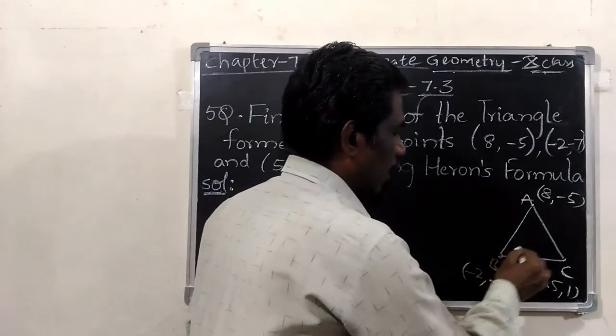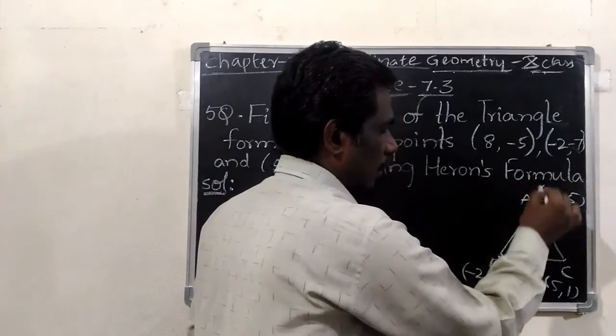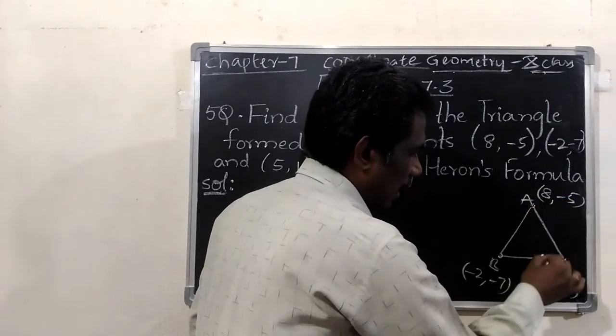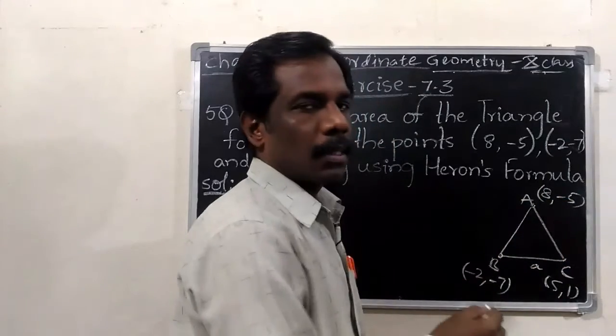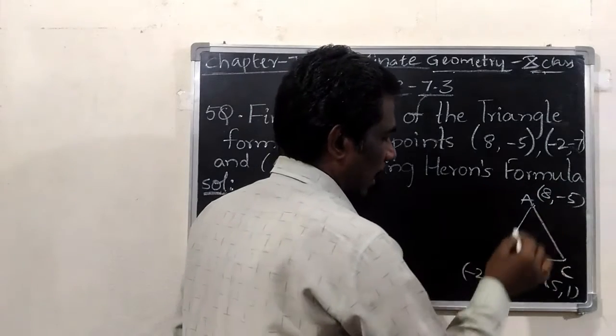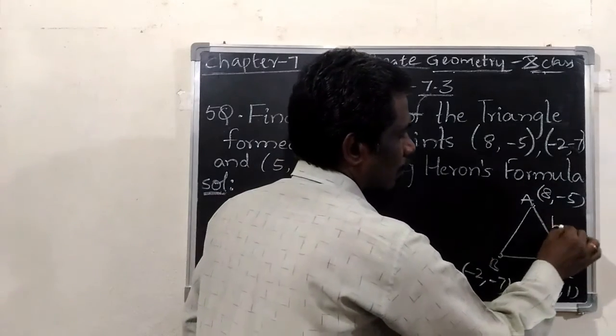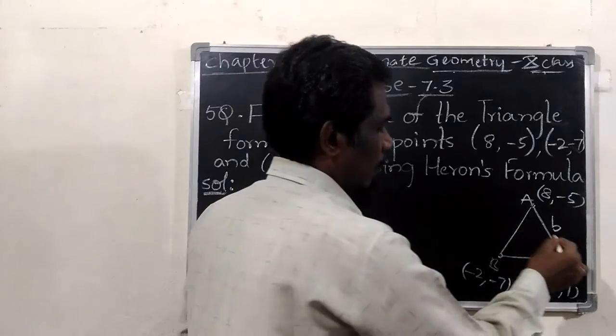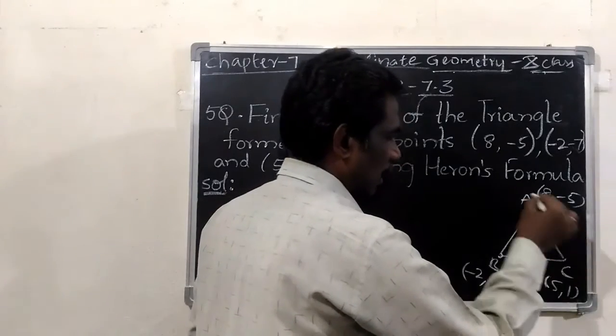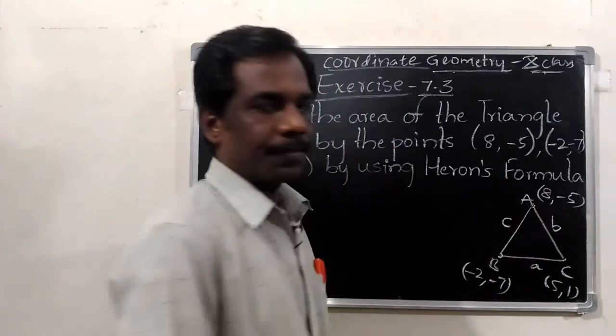The opposite side of A is small a, the opposite side of B is small b, and the opposite side of C is small c.